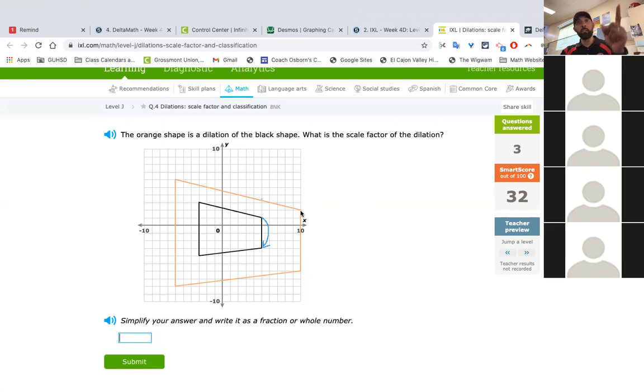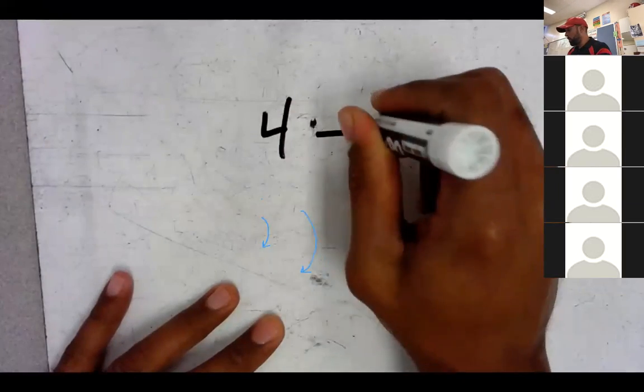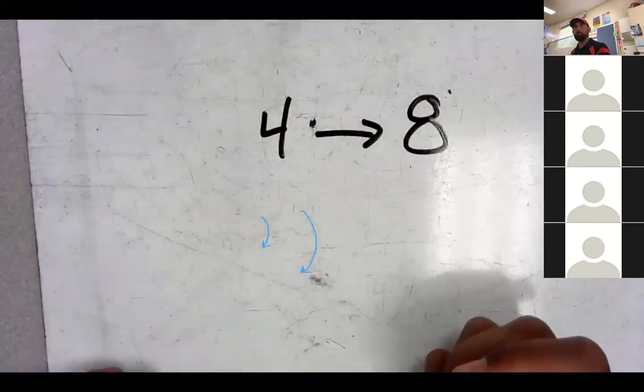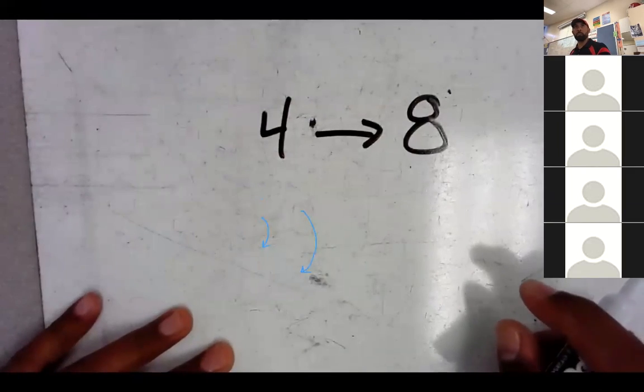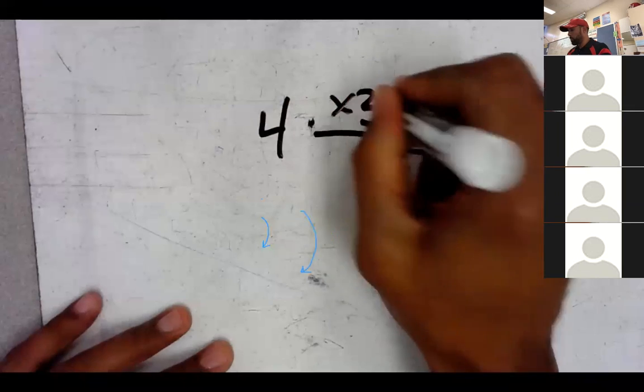The same on this other shape, we're going from here to here, and you would count that out. 1, 2, 3, 4, 1, 2, 3, 4. So we're going from 4 to 8. If I'm going to write that down, I'm going from 4 to 8. Well, think about it. What would I have to do to go from 4 to 8? Well, I'd have to multiply by 2.